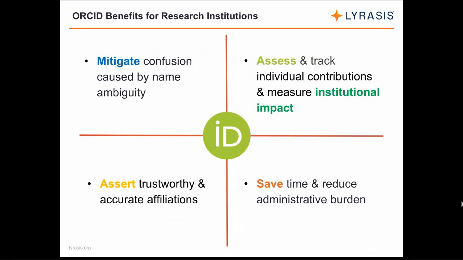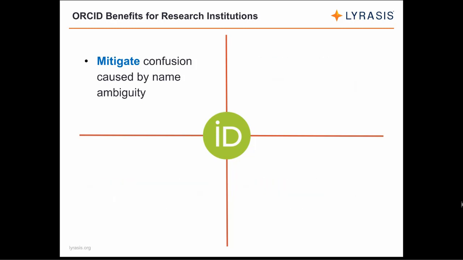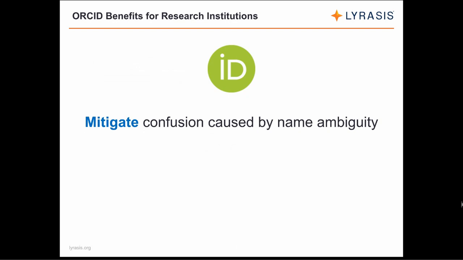So now that we've covered some ORCID basics and an overview of how ORCID can be used across different campus units and systems, let's take a closer look at the overall benefits for research institutions. So at the most basic level, ORCID allows research institutions to mitigate confusion that may be caused by name ambiguity.